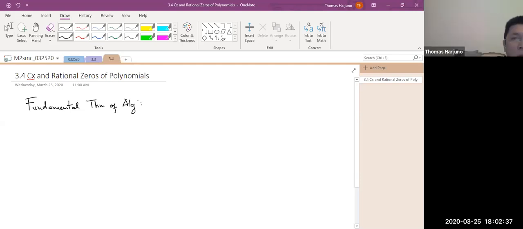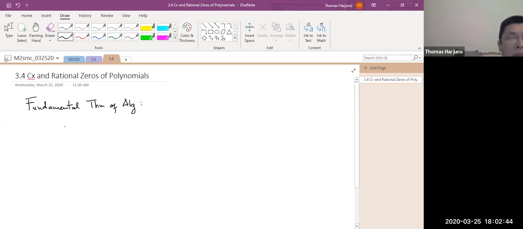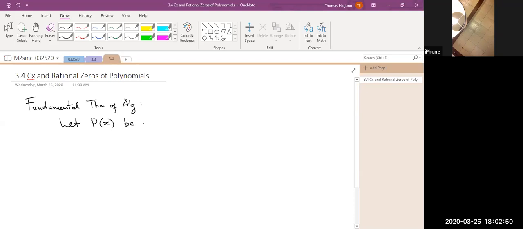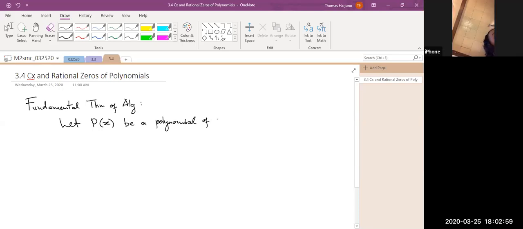This is one of the theorems that is so fundamental, but at the same time it's the easiest one, which actually says: let P(x) be a polynomial of degree n.